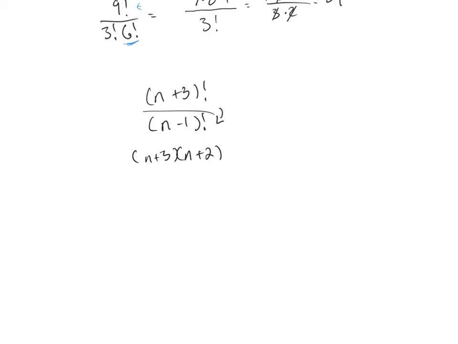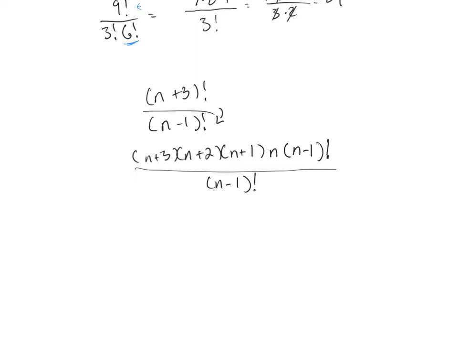Like 9, 8, 7, 6. Well, this is 3, 2, 1. And then here with a simple n, and then n minus 1 factorial. And then there we meet our n minus 1 factorial.